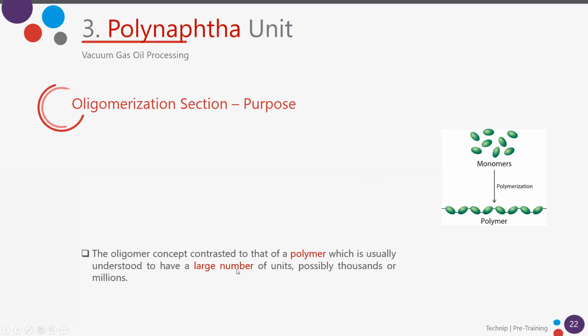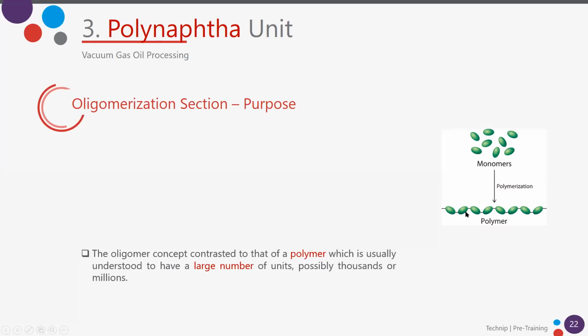And a polymer is a compound with a large number of units, possibly thousands or millions of the same unit repeated. So if you see here at the right, this drawing, this molecule we call the monomer. We go through the polymerization reaction, and we get a polymer.